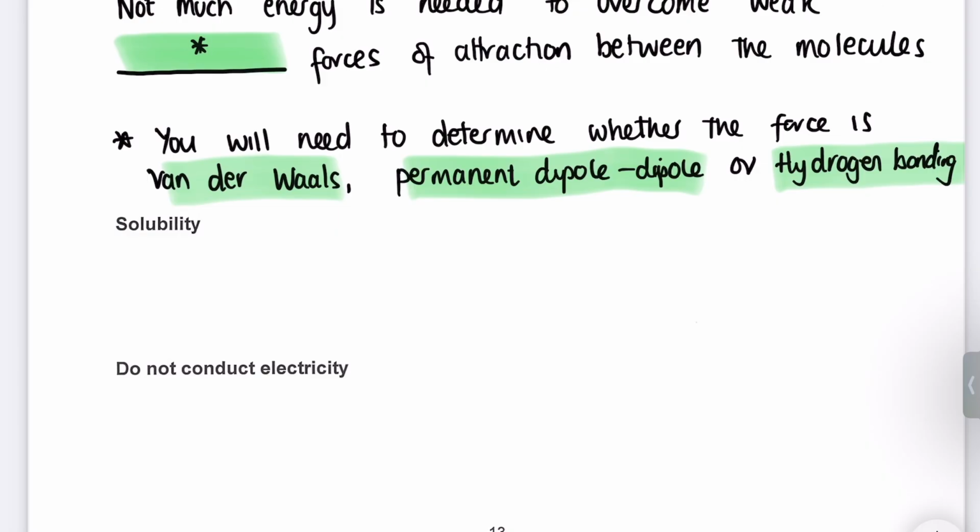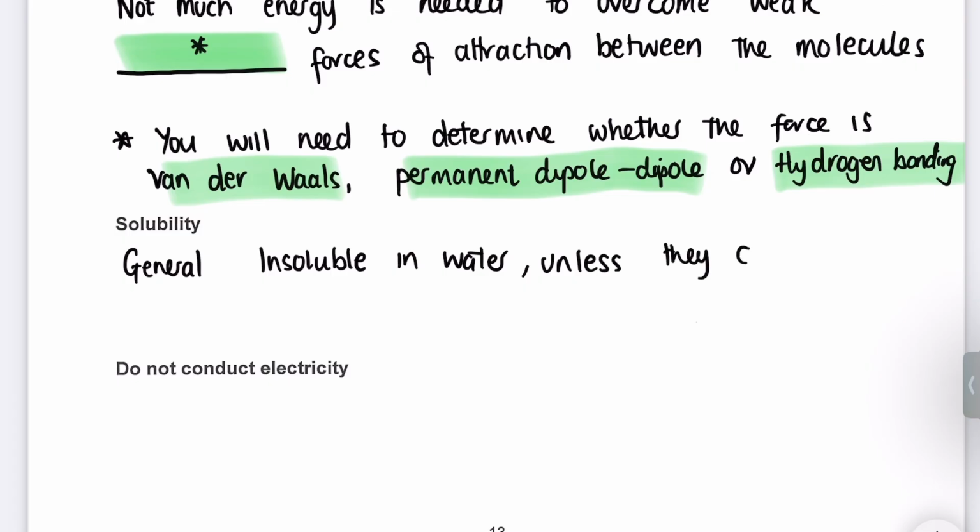Solubility. Well, these things are generally insoluble in water, unless they can form hydrogen bonds to water. So the ones that can do hydrogen bonding tend to be more likely to be soluble.